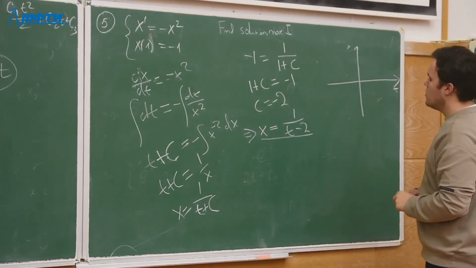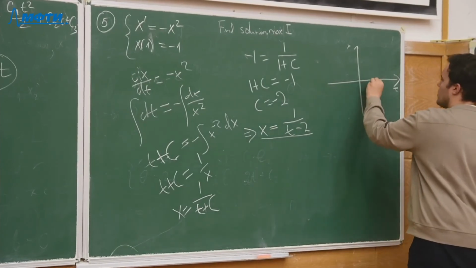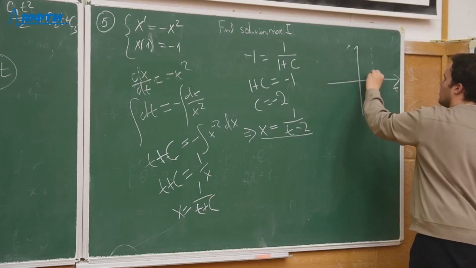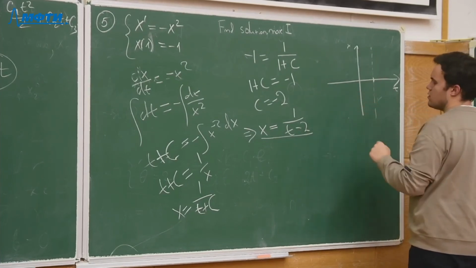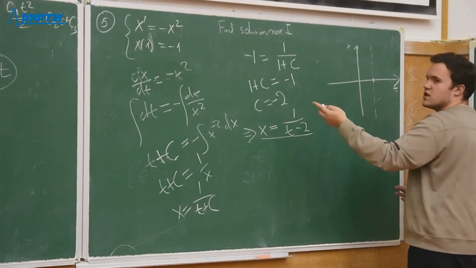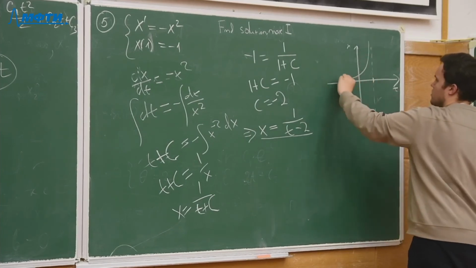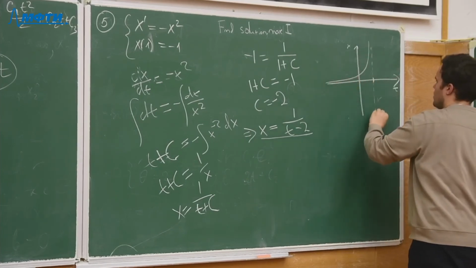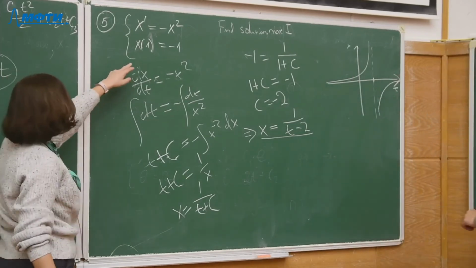The vertical straight line t equals 2 separates our plane into two parts. So t must be less than 2. It comes from this initial condition.